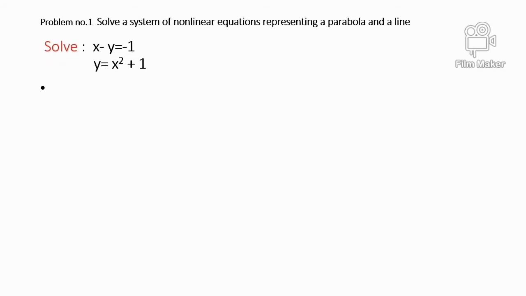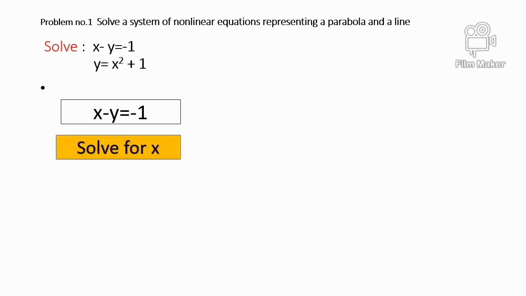Problem number 1. Solve a system of nonlinear equations representing a parabola and a line. So let's solve x minus y is equal to negative 1 and y is equal to x squared plus 1. First, we write x minus y is equal to negative 1. Then solve for x.